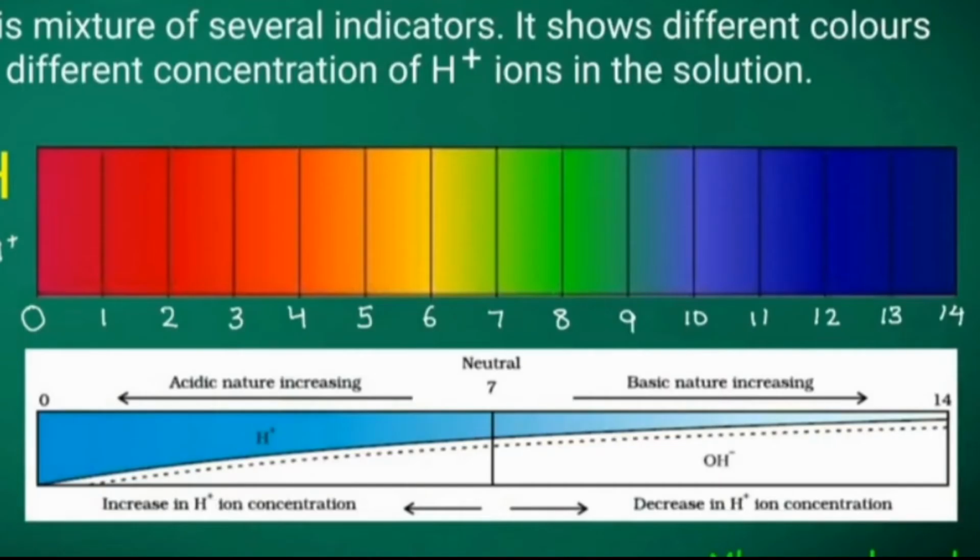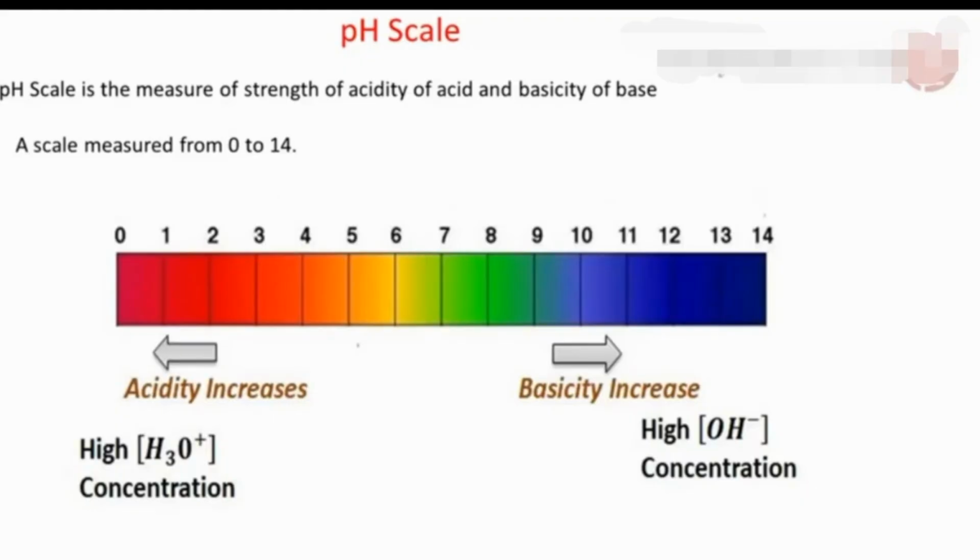On the pH scale, we can measure pH generally from 0 to 14, and the pH of a neutral solution is 7. Means values less than 7 on the pH scale represent an acidic solution, and values greater than 7 represent a basic solution, means increased hydroxide ion.